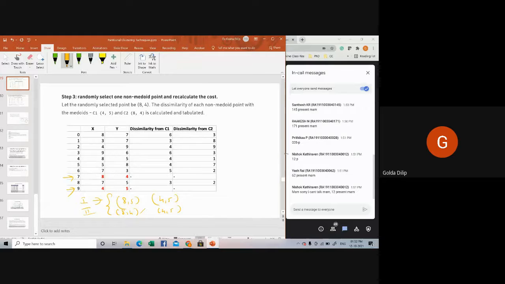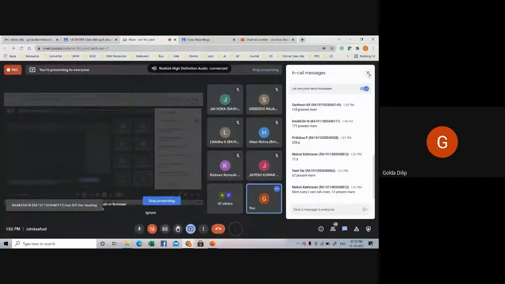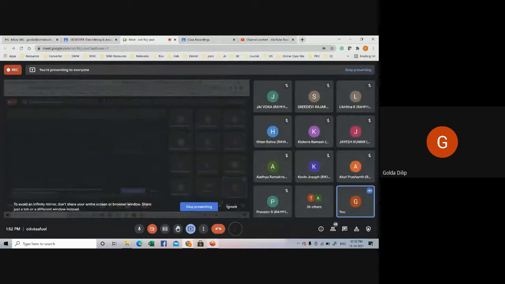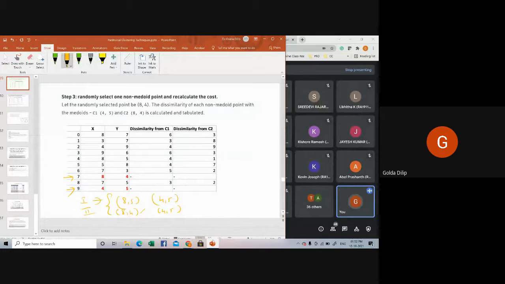Okay, now let's get back to our problem. So what are the clusters to which these points, objects, are getting assigned? Can somebody quickly tell me? What is cluster 1 having? What is cluster 2 having with respect to this medoids assignment?